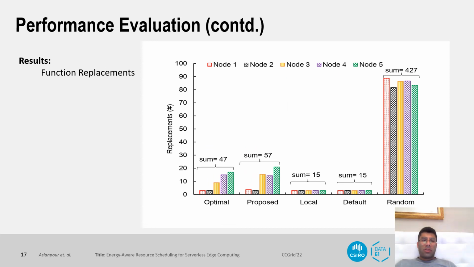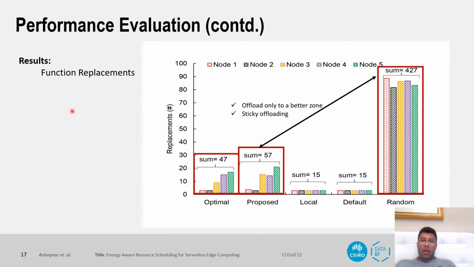Another series of results is for function replacement. Comparing the optimal and proposed solutions to the random algorithm, which is another dynamic scheduler, we can see that it is significantly reduced. This is mainly because of the policy in our algorithm that says only offload to a better zone and also stick with the node you are offloading to.